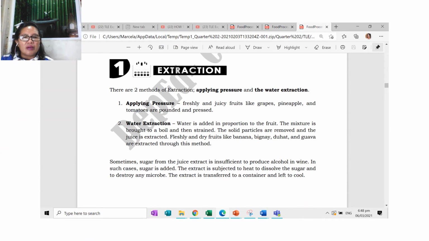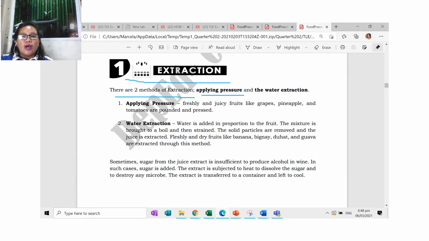Next, I'm going to explain one by one from extraction down to clarification. So we are now in the extraction. There are 2 methods of extraction: applying pressure and water extraction.